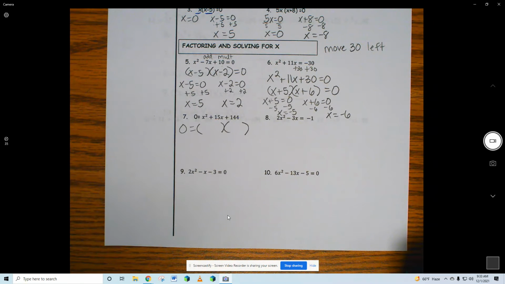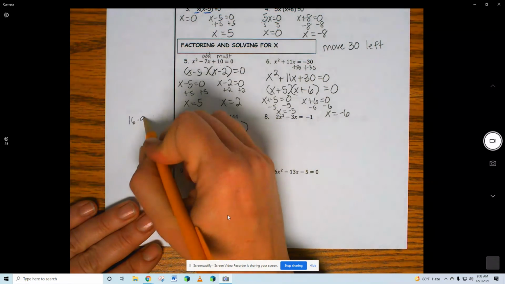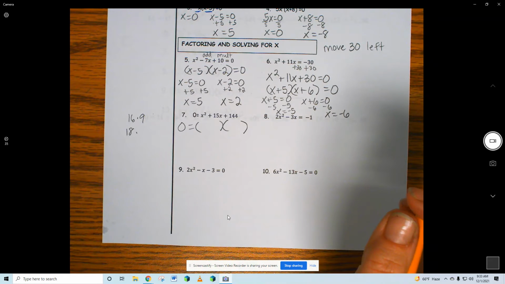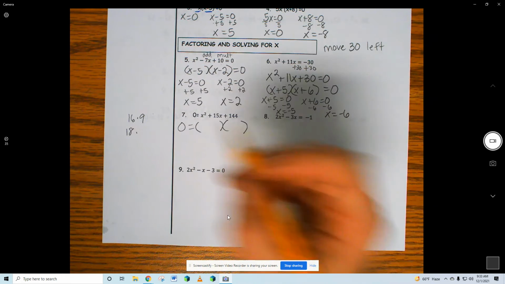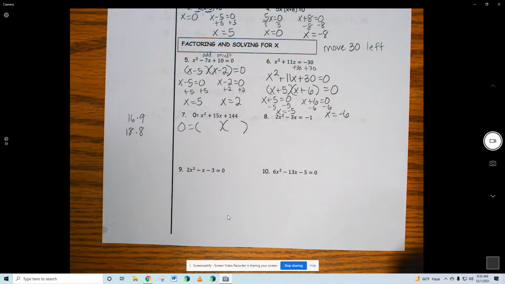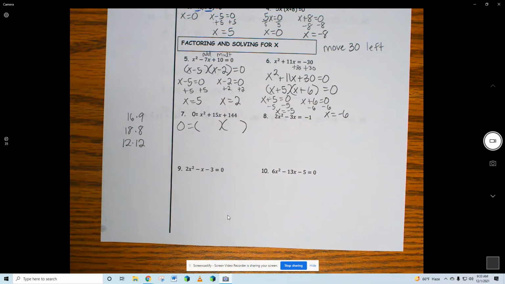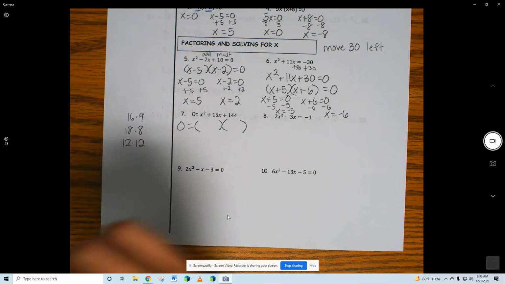24 and 6. Let's see. 144 is 16 times 9. 18 times 8. Neither one of those make 15. 12 times 12. Not 14. 24 times 6.